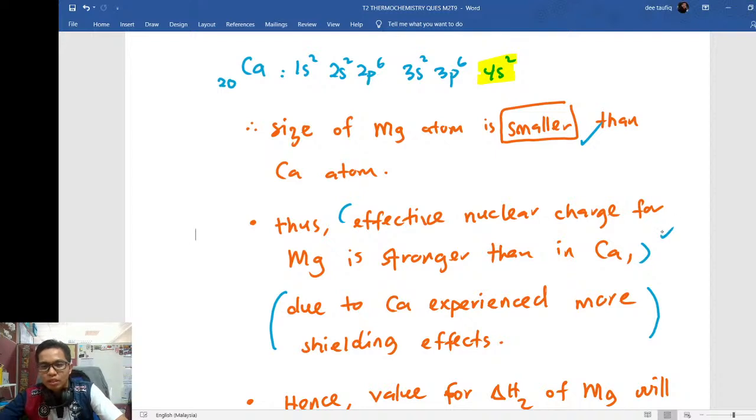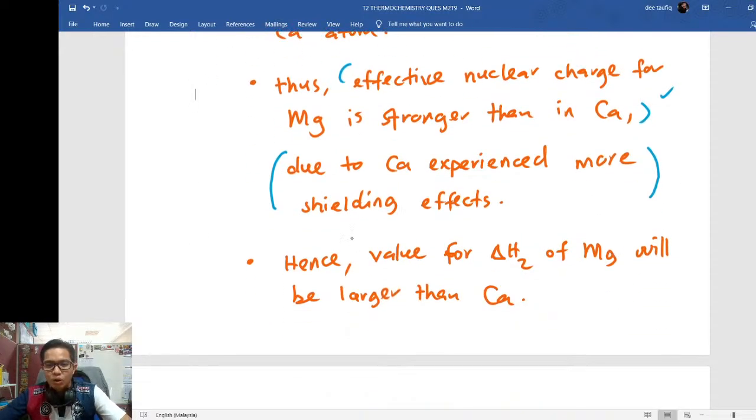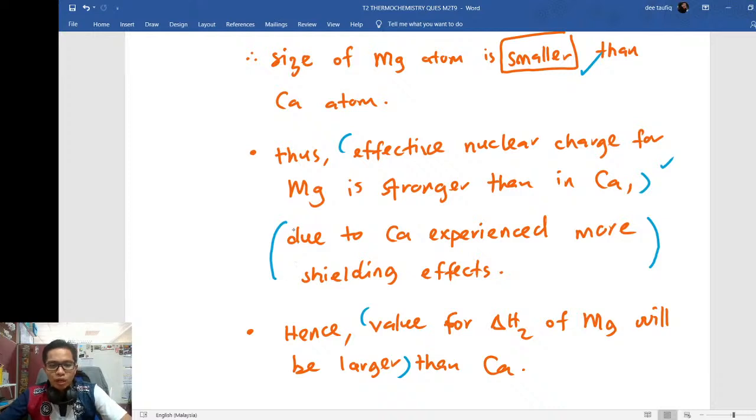This is the second point. Then our conclusion: therefore the value for delta H2 of magnesium will be larger. The point about experiencing more shielding effect I feel is not very compulsory. As far as I am concerned, when we are in semester 2, the detail for semester 1 is not as detailed as what we need for semester 2.